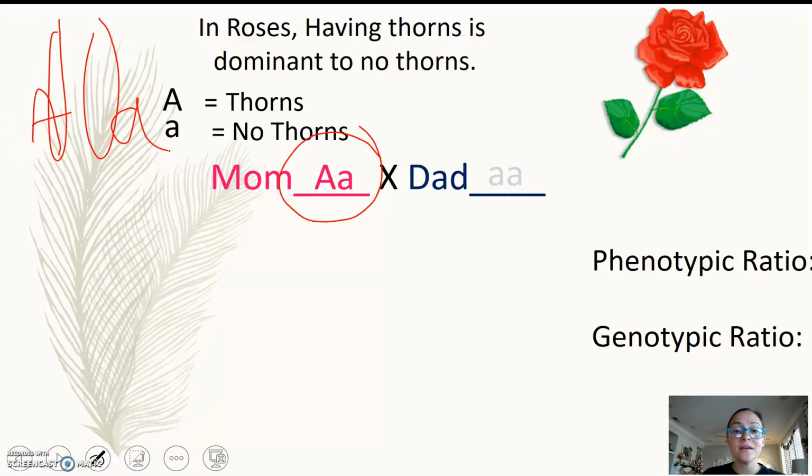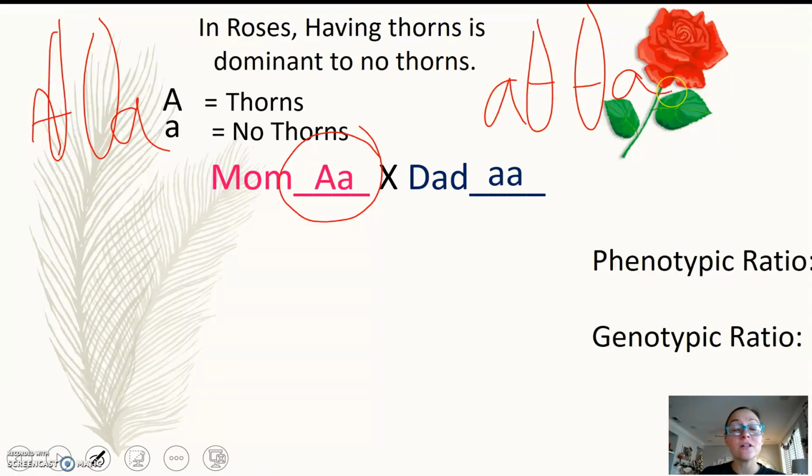And then the dad, homozygous recessive, so on these two chromosomes, it would be a lowercase a and a lowercase a. So the genotype for the mom is heterozygous. Those are the alleles that she has. And the genotype for the father is homozygous recessive, because those are the alleles that he's inherited from his own parents. So now a cross is mating these two individuals.